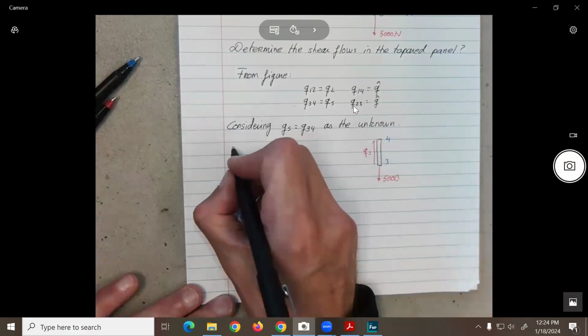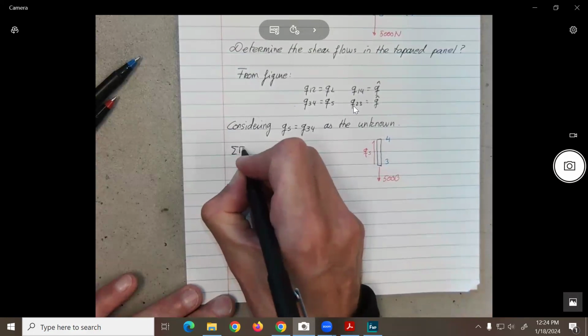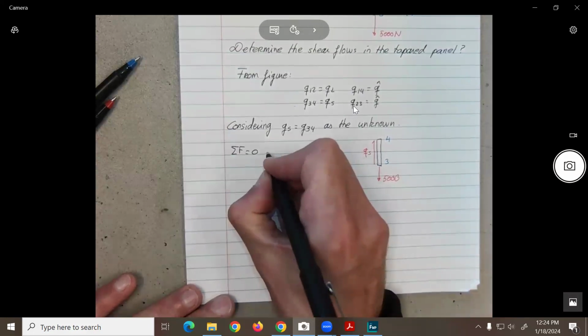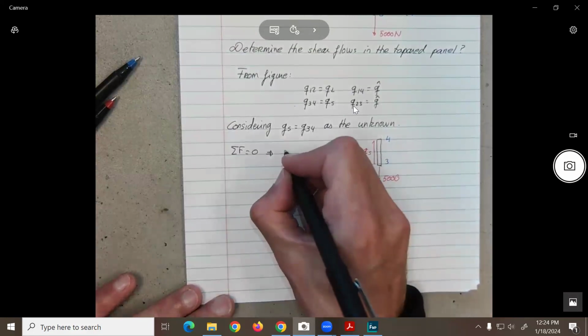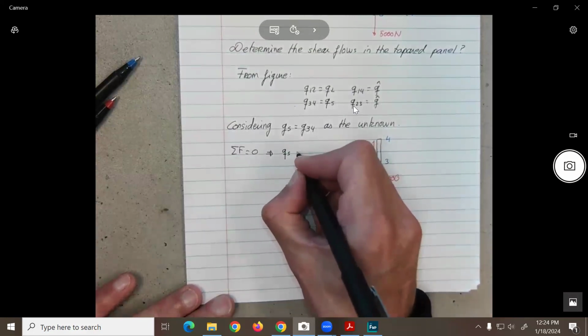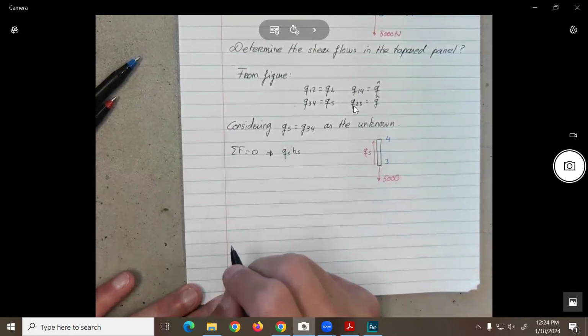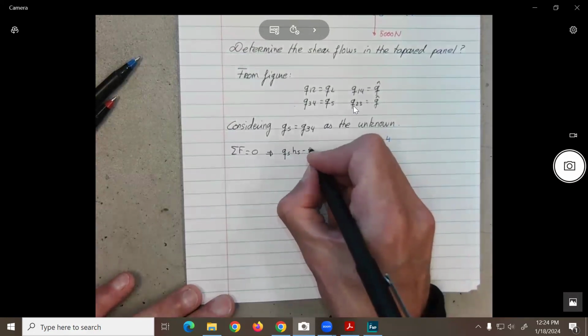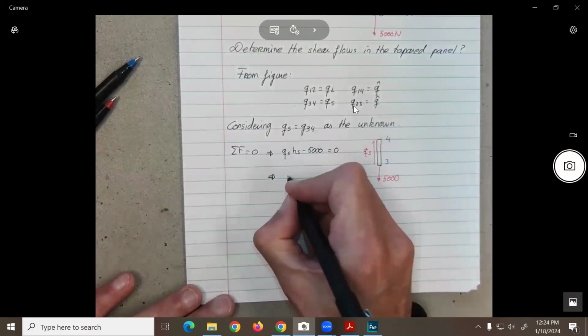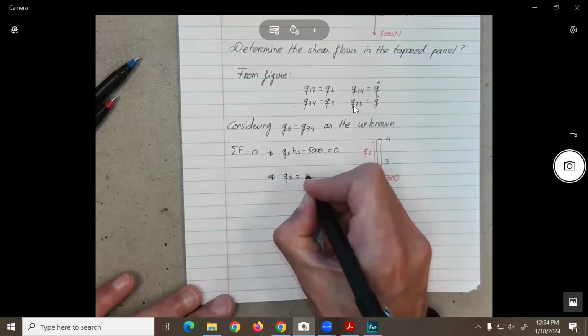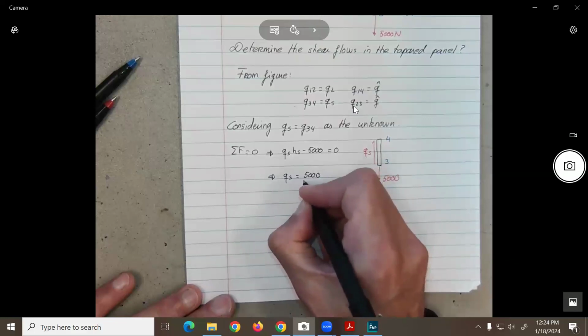So we do the summation of forces equal to 0 in that direction. So what are we going to get? Q short times H sub S minus 5,000 equal to 0, which means Q sub S will be equal to 5,000 over H sub S.